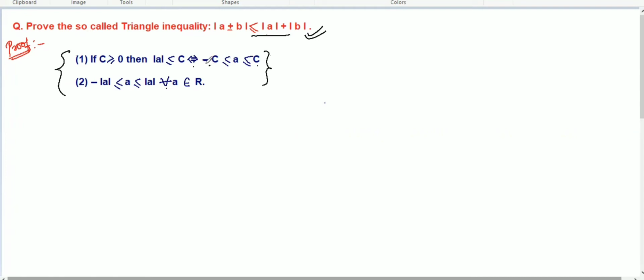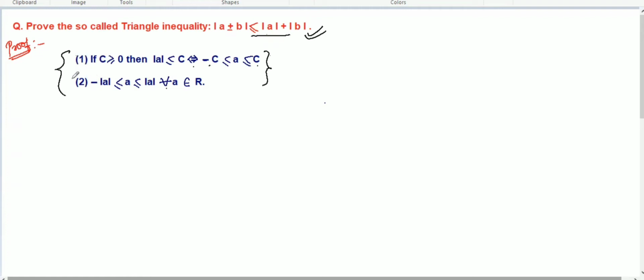The second property says minus the absolute value of a is less than or equal to a, which is less than or equal to the absolute value of a, for all a belonging to the real numbers. So these are two properties of absolute values of real numbers.